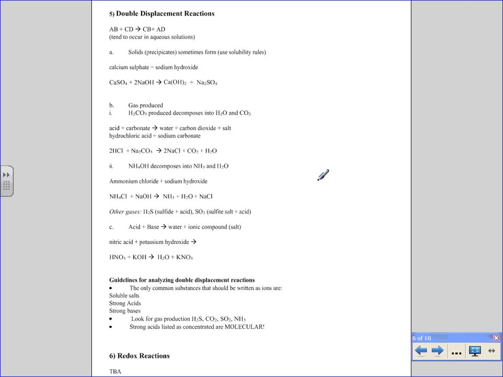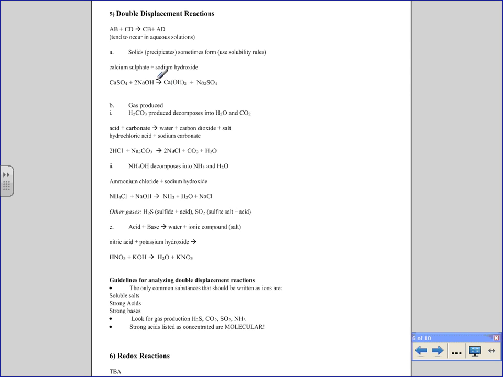Double displacement reactions, there's a few different types. We've got ones where we can form precipitates, we've got ones where we form gases, and then we've got some acid-base reactions. First of all, you need to know your solubility rules and be comfortable applying them to be able to identify when something's going to be a precipitate. So if you perform a double displacement, so calcium sulfate plus sodium hydroxide, they're pretty standard, these ones.